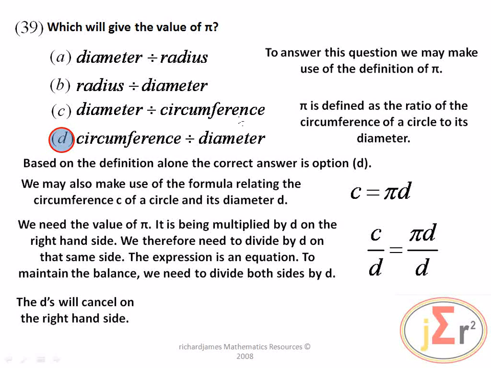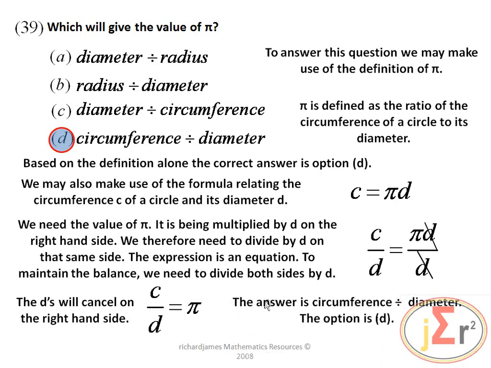So here we have D above and D below. So we have numerator, denominator will cancel. So D will cancel, and we have what? C over D on the left hand side, and on the right hand side we have pi.